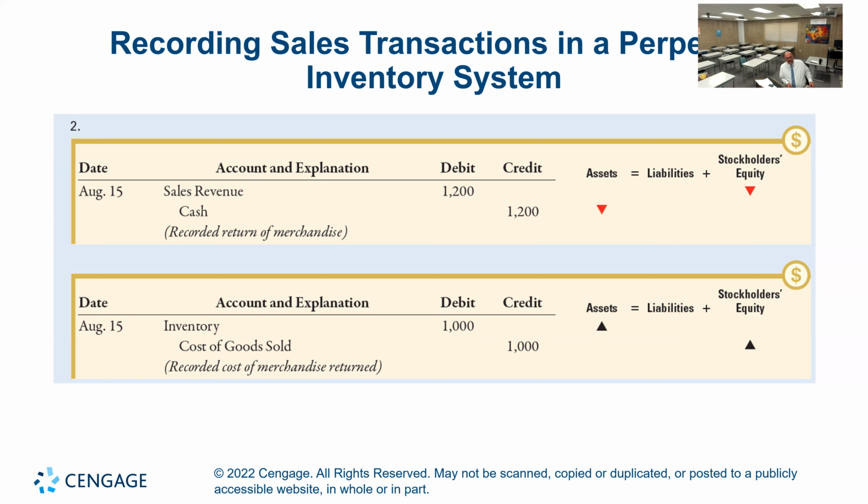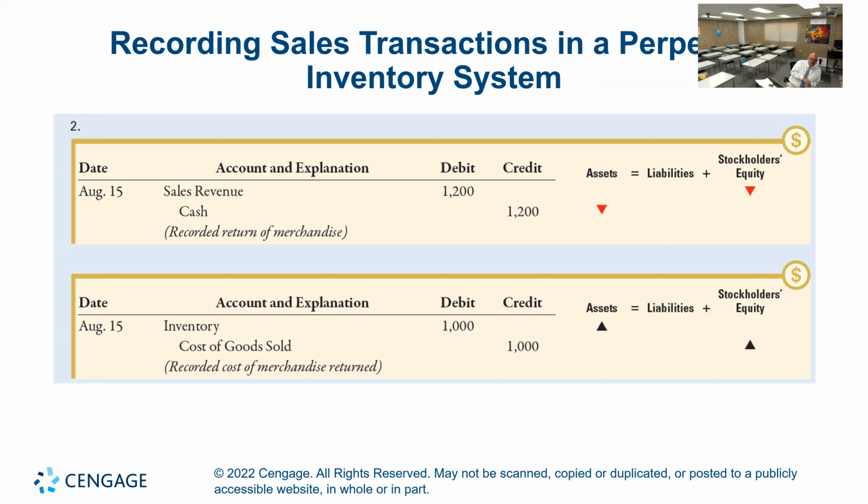We also have to give cash back to them because we are giving them a refund, since they paid in cash. We're giving them a cash refund of $1,200. But now we need to put them back into our inventory also. They're only valued at $1,000 for our inventory because that was the original cost we had paid for them, the 10 pairs at $100.